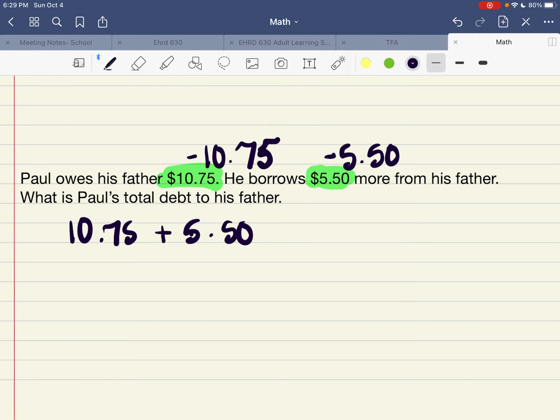So we're adding. Well, we know our answer is going to be negative because they're both negative. So 10.75 plus 5.50, that equals -$16.25.